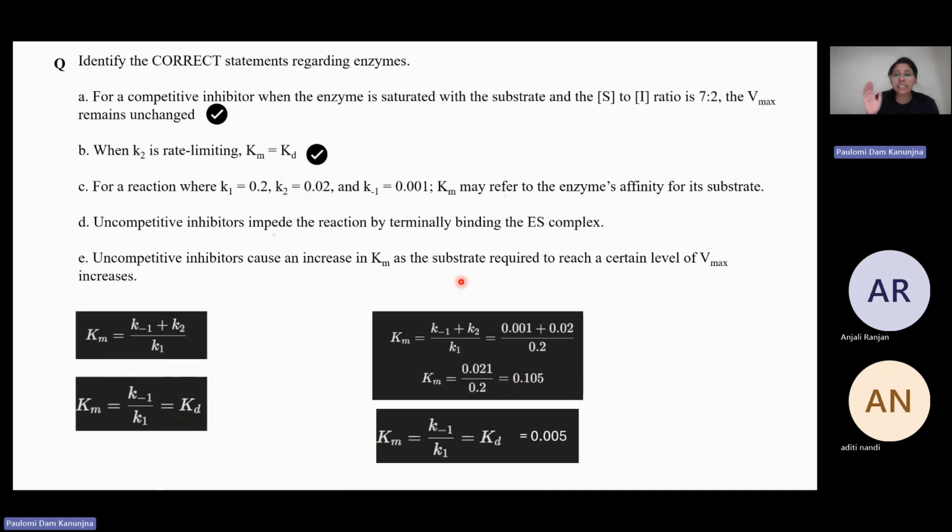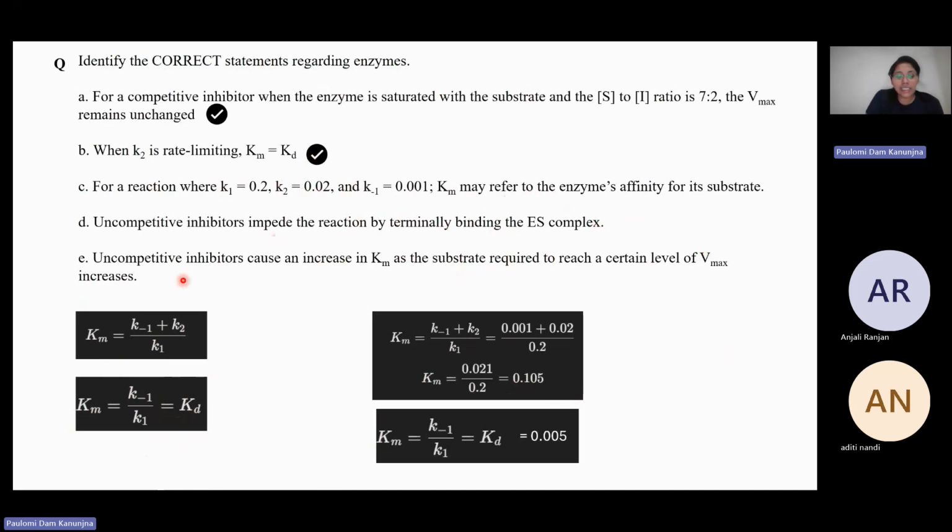And I told you in irreversible binding, you are entirely stopping or permanently disabling the function. So that's the correct meaning. And that's why your D is incorrect, because uncompetitive is still reversible binding.